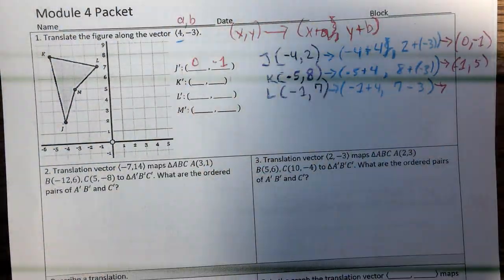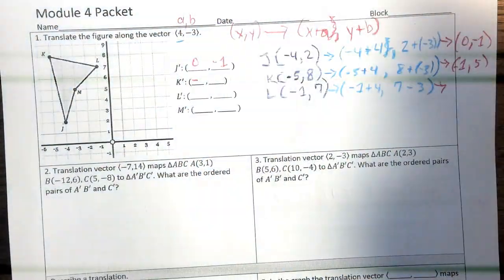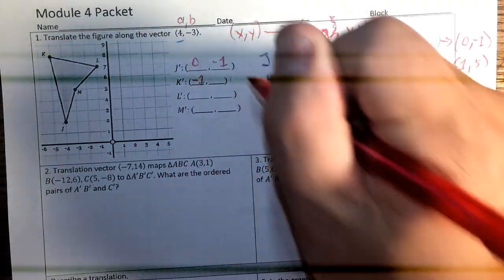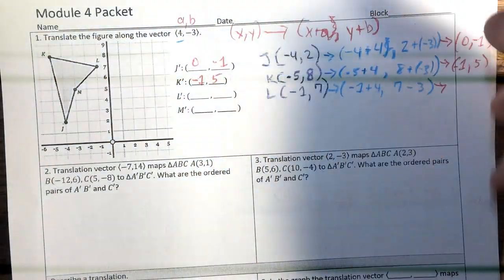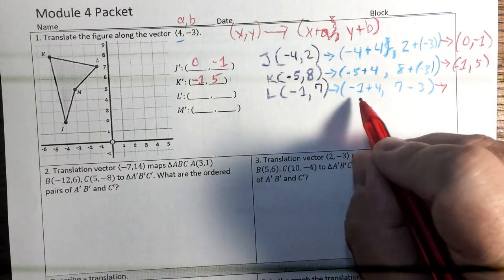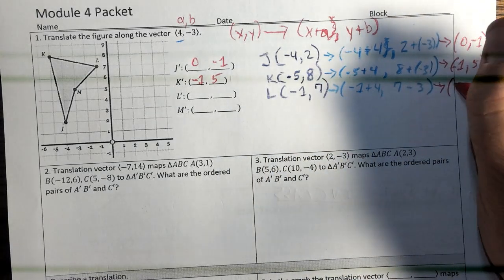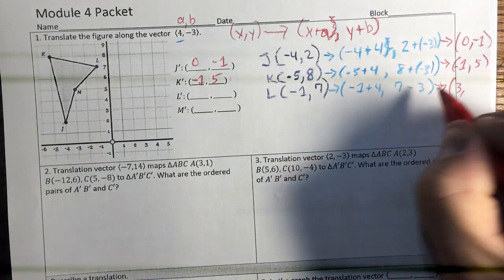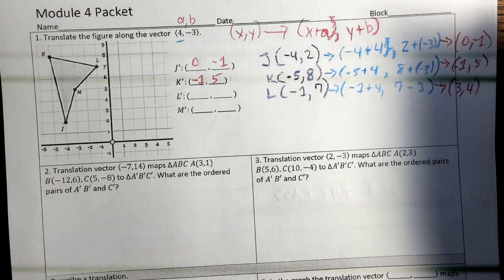So I forgot M. I see now. (-1, 5). L: -1 plus 4 is 3. 7 minus 3 is 4.